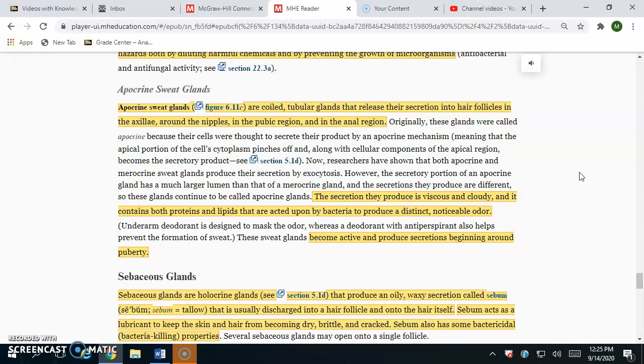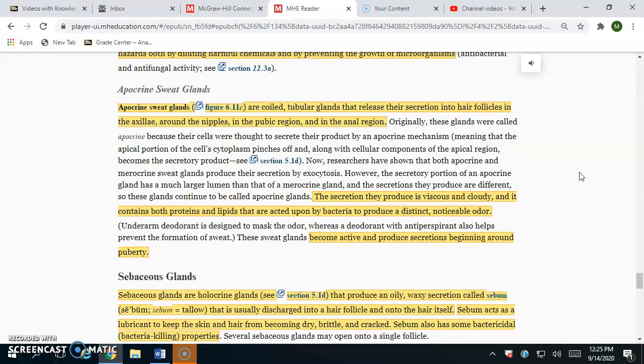Okay, so their secretion's a little bit different. It has more proteins and lipids in it, which we didn't have in the sweat from the merocrine sweat glands. And because we have bacteria normally on the surface of our skin, that bacteria will use those proteins and lipids, and they'll break them down. And when they do, there's always a byproduct, and that byproduct is usually a stinky byproduct. So we get that odor associated with the bacteria breaking down the sweat from the apocrine sweat glands.